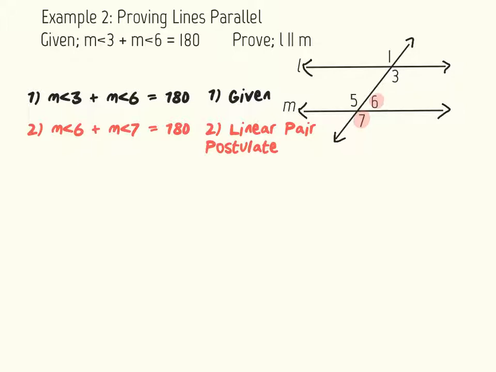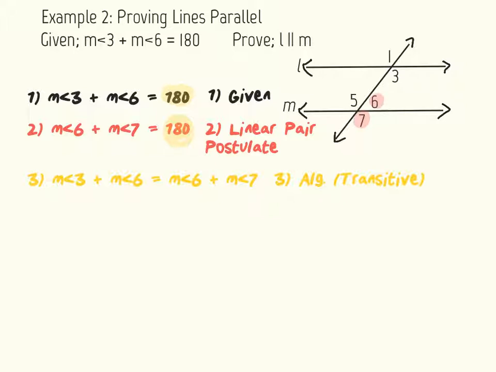Since both of these things equal 180 degrees, that means I can set them equal to each other. So that's going to be my next step. That tells me that the measure of angle 3 plus the measure of angle 6 equals the measure of angle 6 plus the measure of angle 7, and that is by algebra, the transitive property.